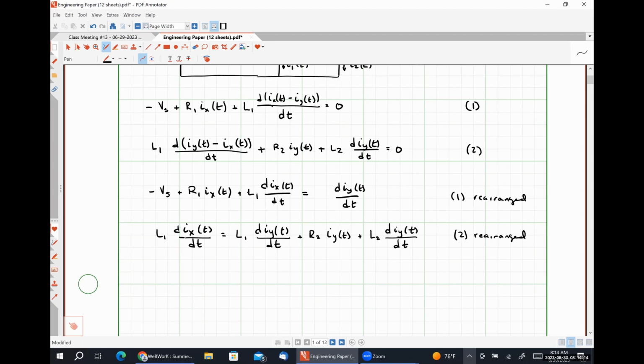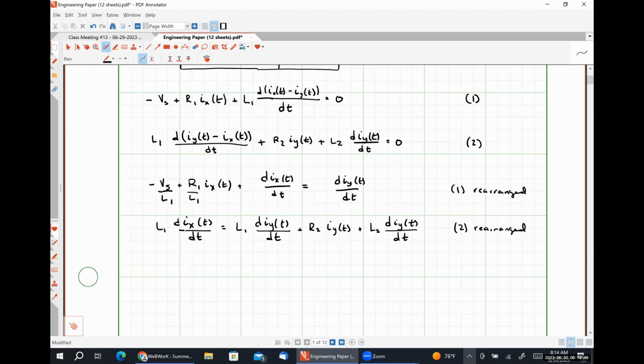If I divide through by a factor of L1, I'll just have this guy right here. And so I have the derivative of Iy with respect to time is equal to everything over here on the left. Trying to think about how that helps me here.